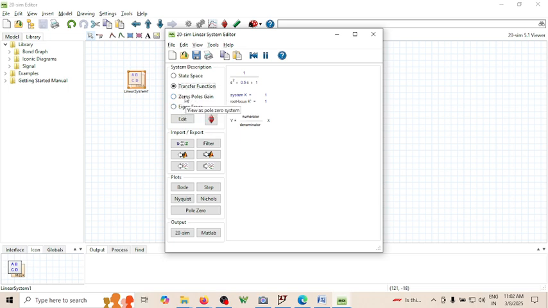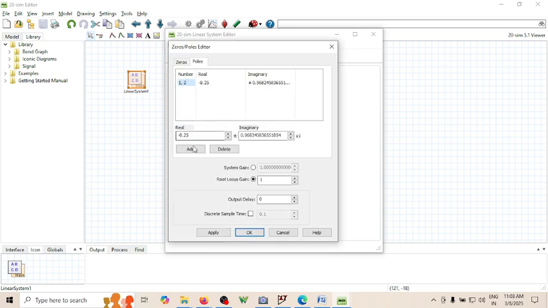So let us go for poles and zeros as the way I enter the system transfer function. Let me say edit. Let me delete these two. What I'll do is define a pole.